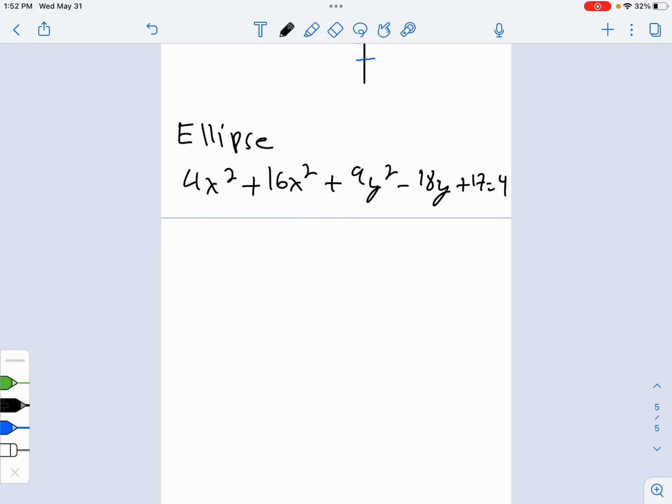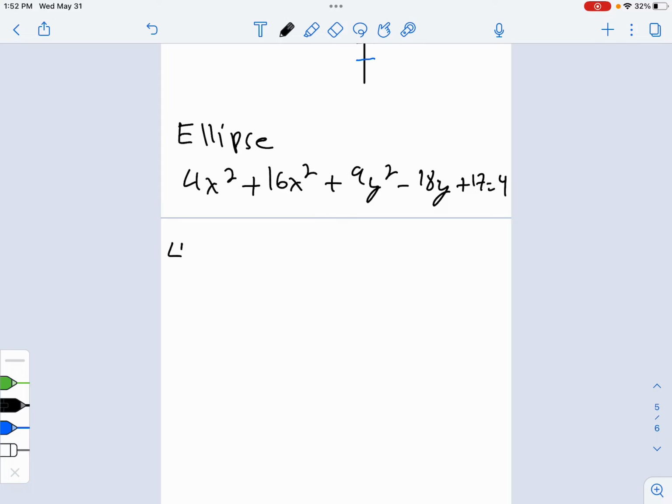That is actually an ellipse. I'd like to say it's kind of hidden, and the only way you can get it into the form I presented in the original equation is if you complete the square on both the x and the y.